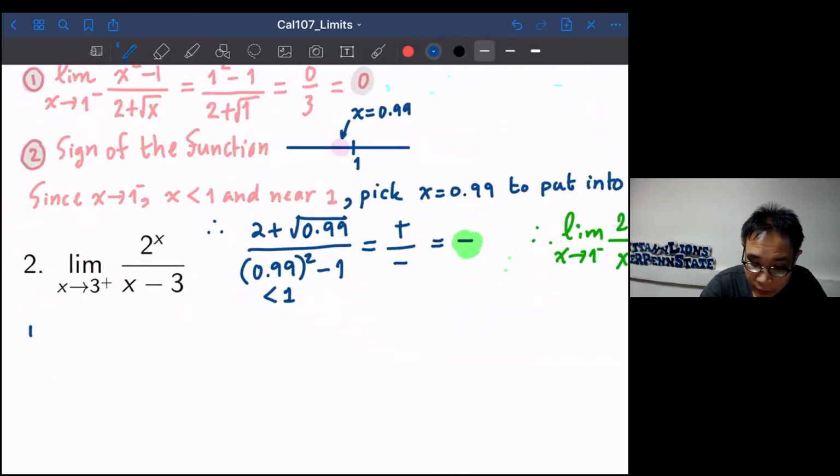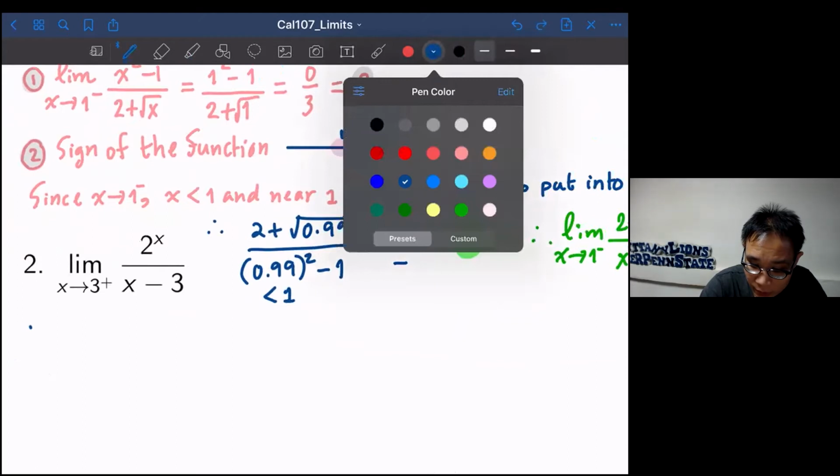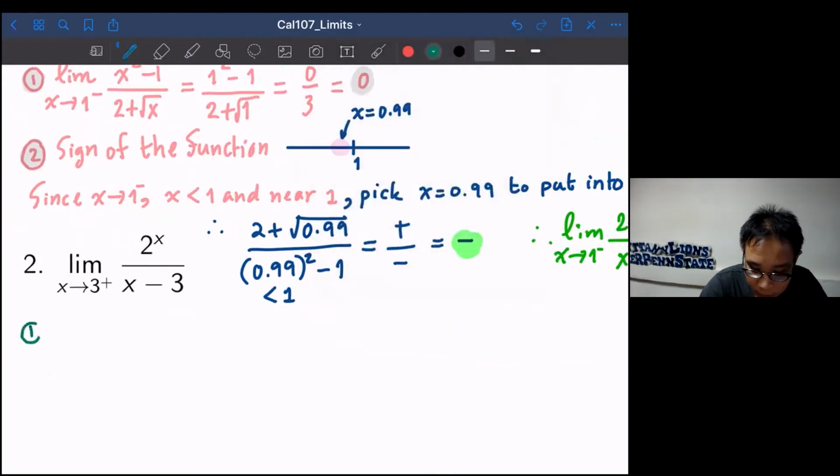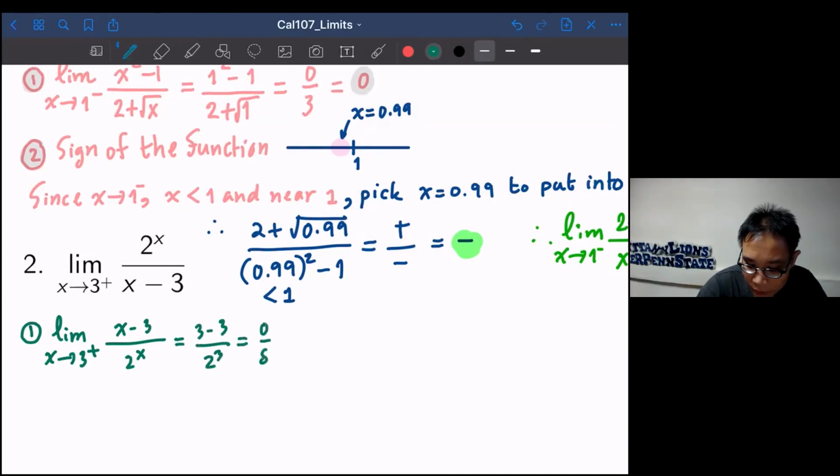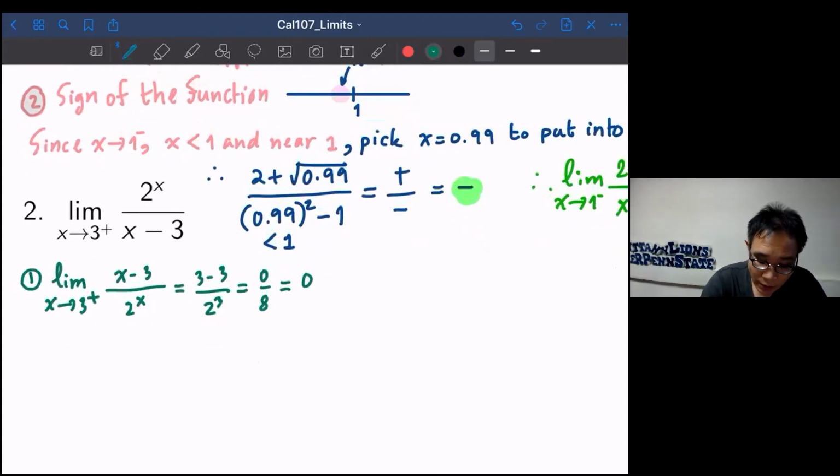So you get number 1: the limit as x goes to 3 from the right of x minus 3 over 2 to the x. In this case, it's going to be 3 minus 3 over 2 cubed, so it's going to be 0 over 8, equal to 0.